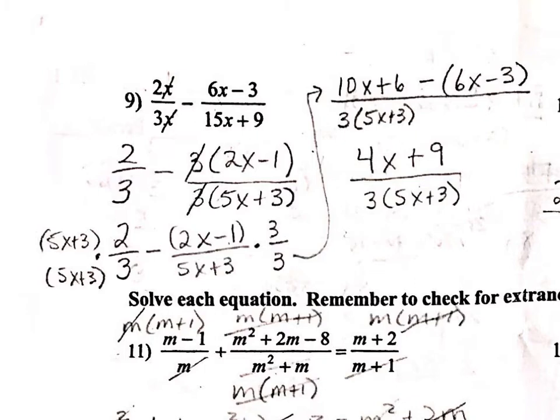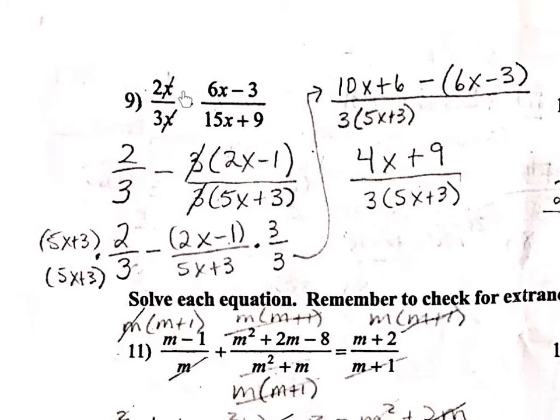The next problem we're going to do is problem number 9. It's also a simplify problem, but you need to be careful because this one has, guess what? It has a negative. So be careful about that. The first thing we're going to do is look at our two fractions to see if there's anything we can reduce, and we can reduce things in both of these fractions.